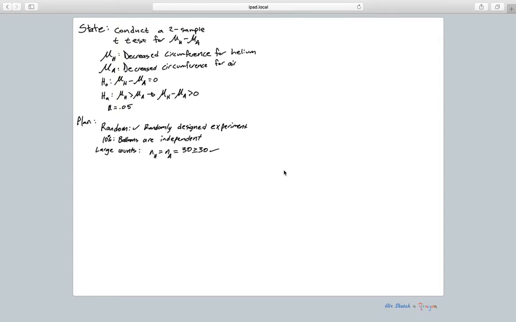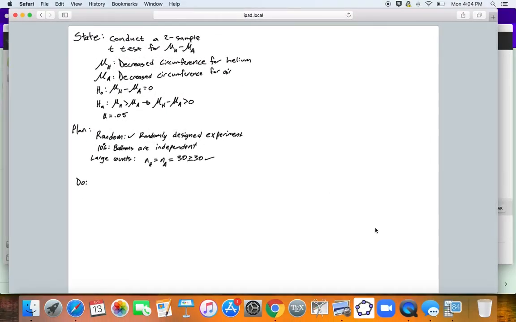All right, so we are finally at the do. And remember, we're going to conduct a two sample t-test for a difference in means, and I already put that up at the top, so I'm just going to do the calculations and copy down what we need.